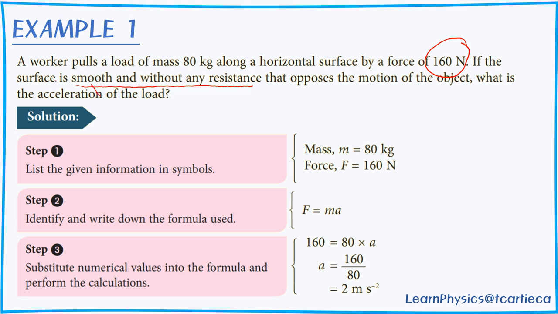What is the acceleration of the load? So, by using the formula F is equal to ma, substitute the value, and we find A is 2 ms negative 2, right? Just insert the value into the formula and put the final answer with the correct unit.